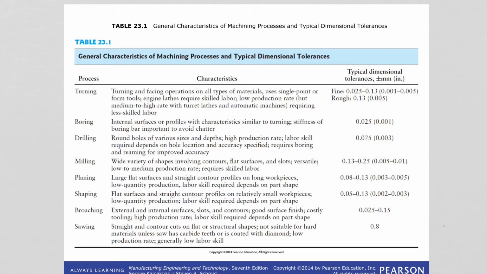This table summarizes machining processes, and here we're going to see in this chapter turning, boring, drilling, and we will see the other ones later on. This is just summarizing the characteristics of those processes.